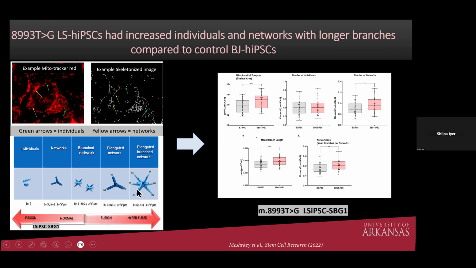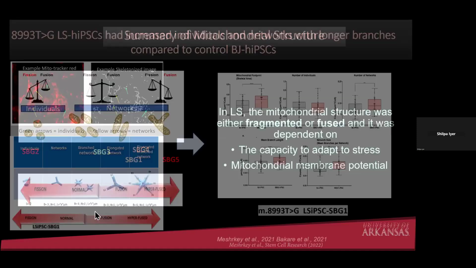We designated elongated branched networks as hyperfused. If the mitochondria showed a hyperfused morphology, or showed more individuals, we call them fission or hyperfused, and the other was typically normal.